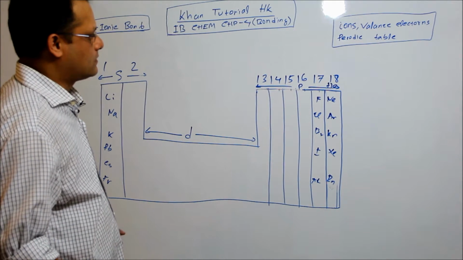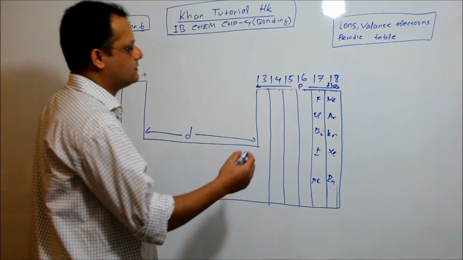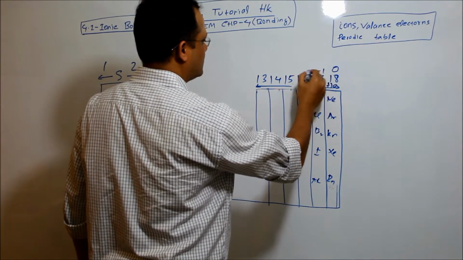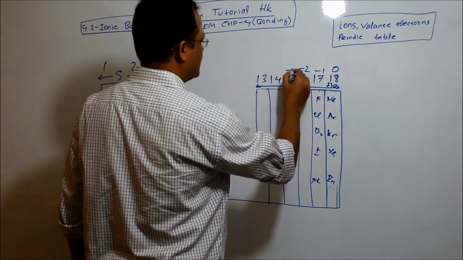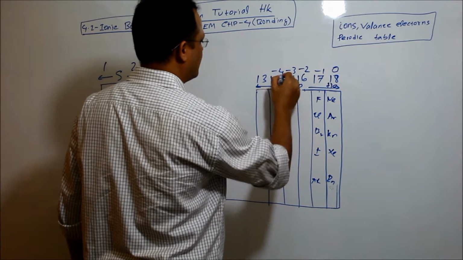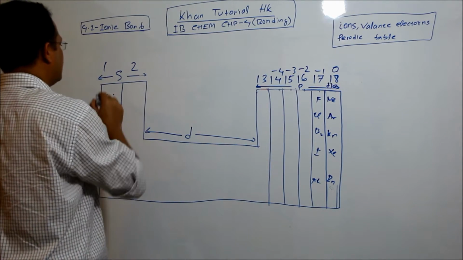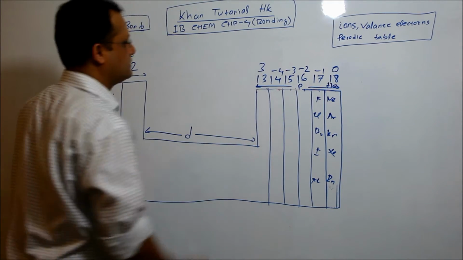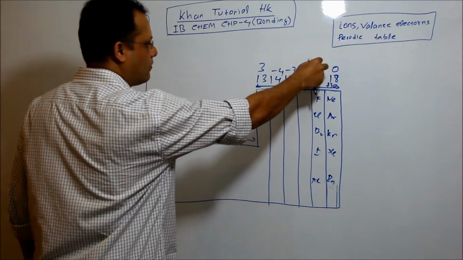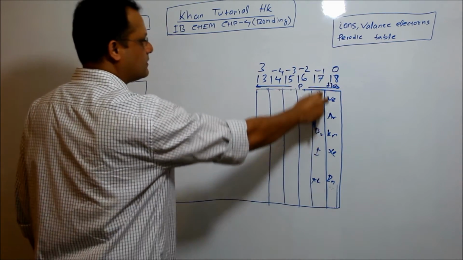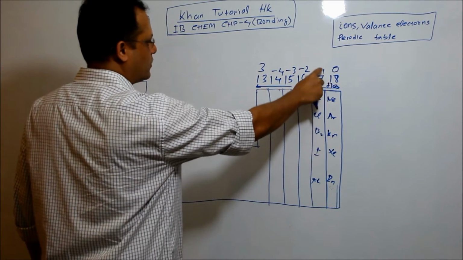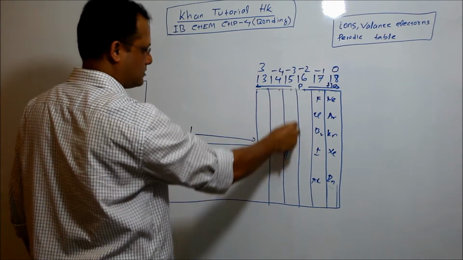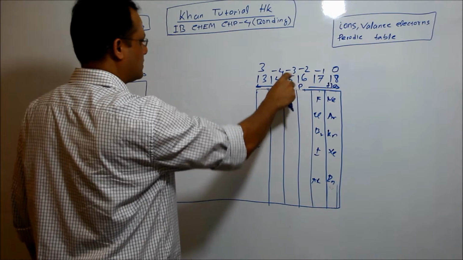Now let's talk about their oxidation numbers. The oxidation numbers are 0, -1, -2, -3, -4 on this side, and 1, 2 and 3 on this side. This means all the elements here can gain 1 electron, all the elements here can gain 2 electrons, and here they can gain 3 electrons.